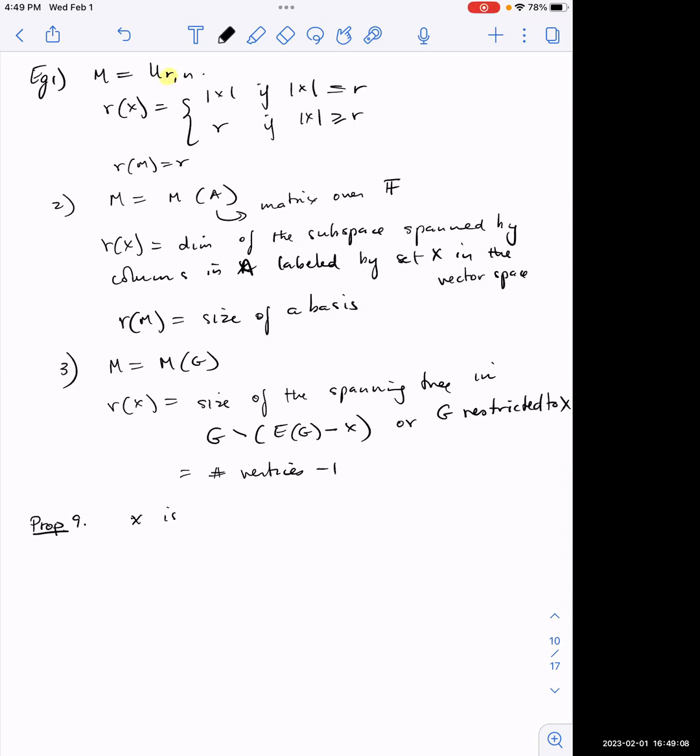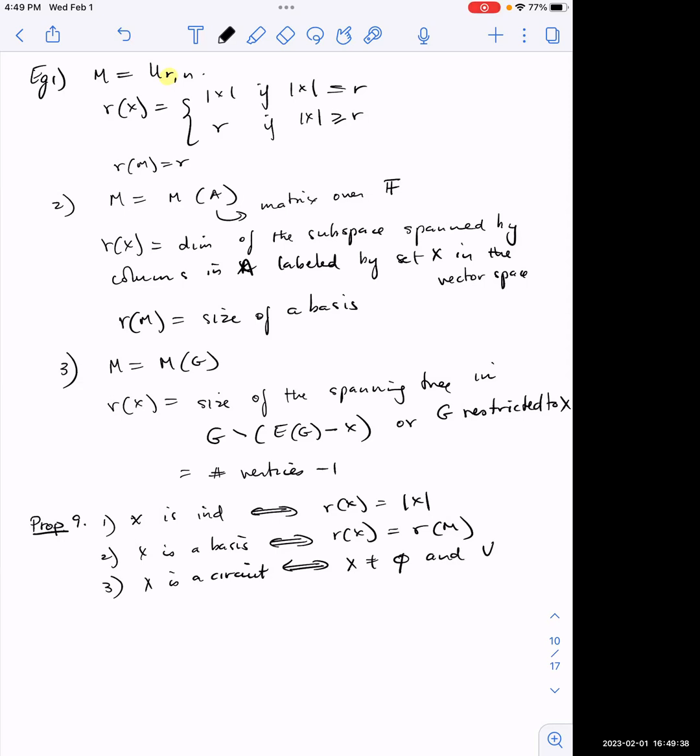X is independent if and only if rank of X is equal to the size of X. X is a basis if and only if rank of X is the rank of M, and X is a circuit if and only if X is not empty, and for every e in X, rank of X minus e is equal to rank of X. In matroid theory, we use this notation instead of saying it more precisely.